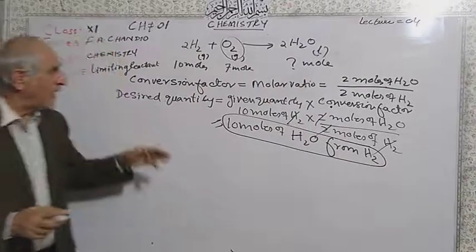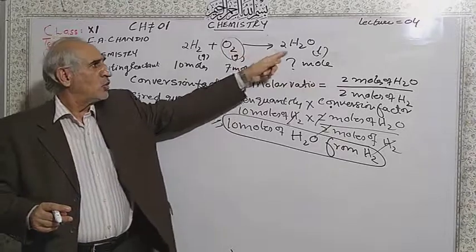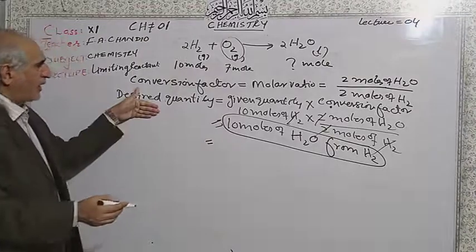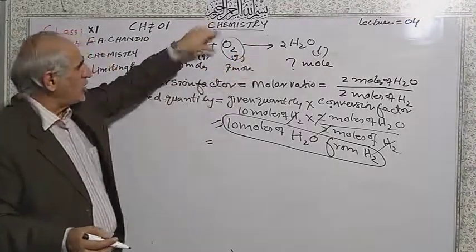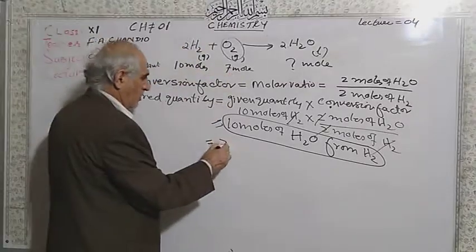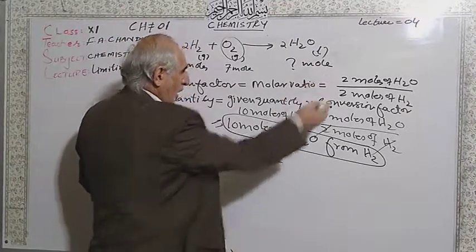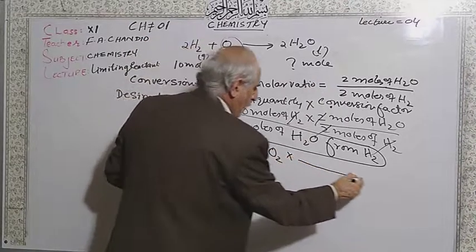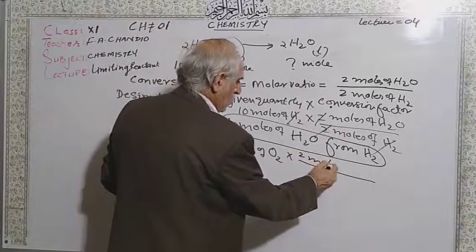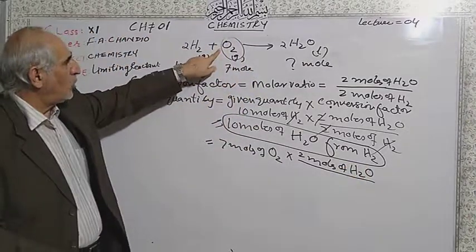So already I mentioned you can calculate the moles of water from oxygen also. Same. So you have to calculate same. Desired quantity means same, water. Now use oxygen instead of hydrogen. Given quantity 7 moles of oxygen. Conversion factor will be 2 moles of water divided by how many moles of oxygen? 1 mole.